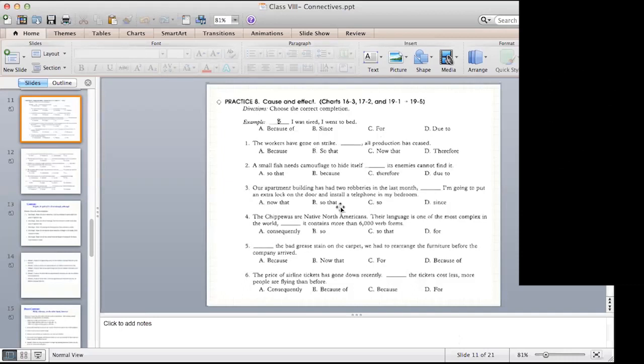Number one, I was tired, comma, I went to bed. Why did we use since? Because this is a sentence. I was tired. That's a sentence. We need a connective like since or as or because. We don't have because in the list.